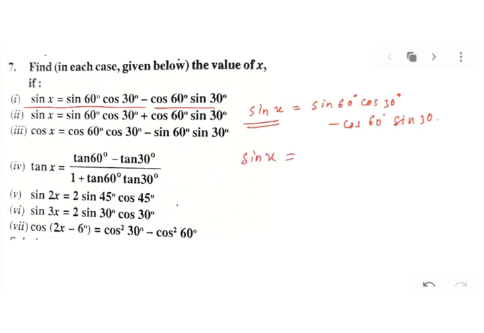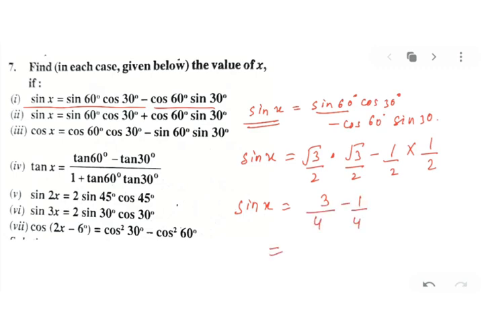Sin x is equal to sin 60, I'll put root 3 upon 2, into cos 30, that is also root 3 upon 2, minus cos 60, that is half, sin 30 is also half. So I'll write sin x is equal to, I'll multiply, I'll get something like this. Once I got this, I'll reduce and I'll get sin x is equal to half.